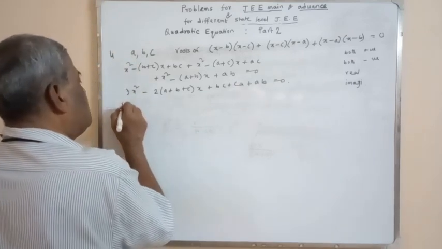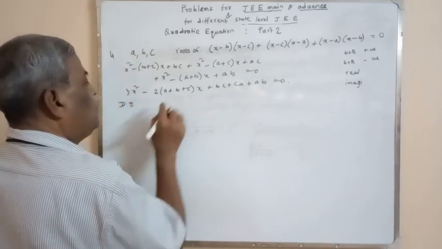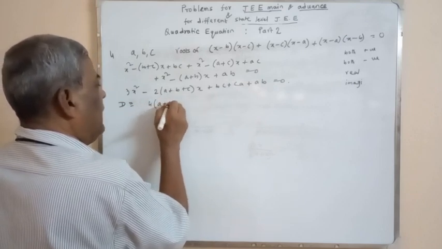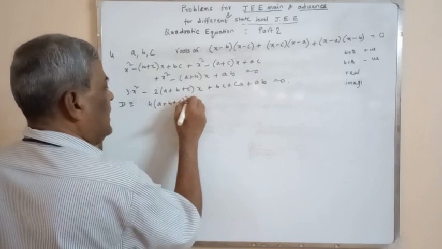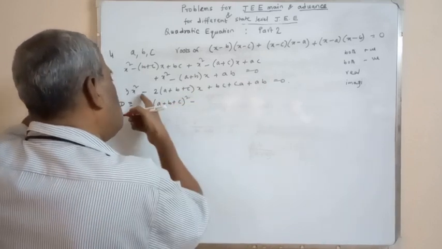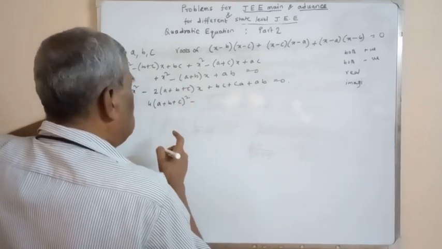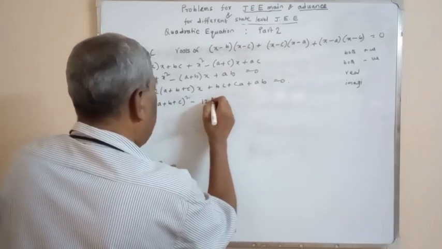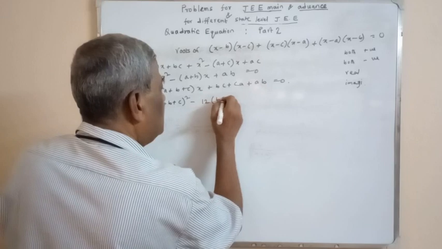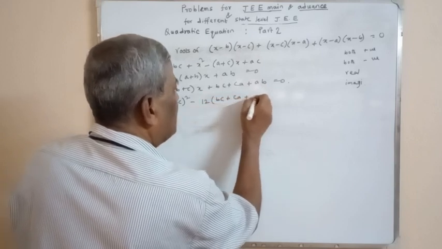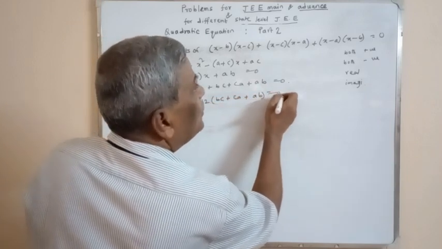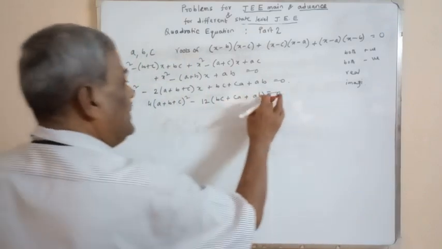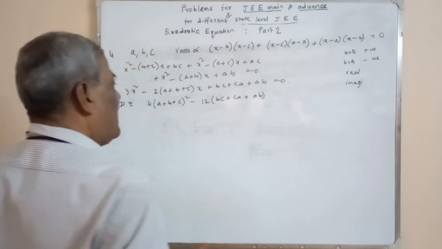The discriminant D is equal to 4 times (a plus b plus c) whole square minus 12 times (bc plus ca plus ab). It is not 0; the discriminant is this.